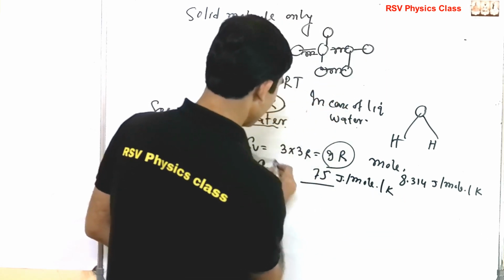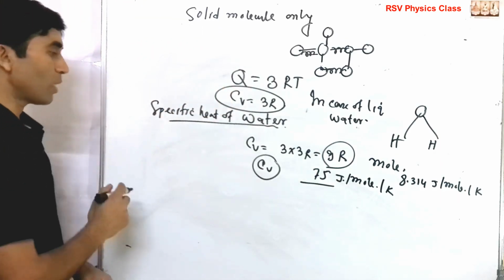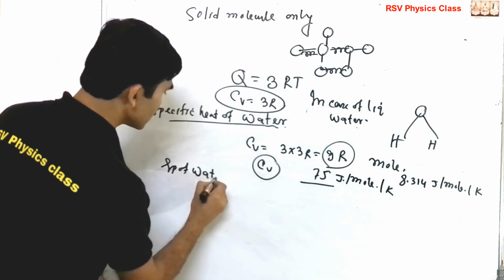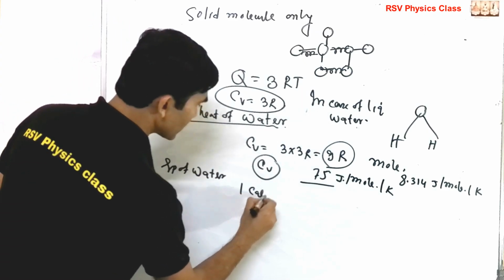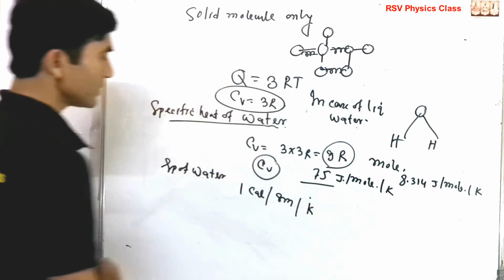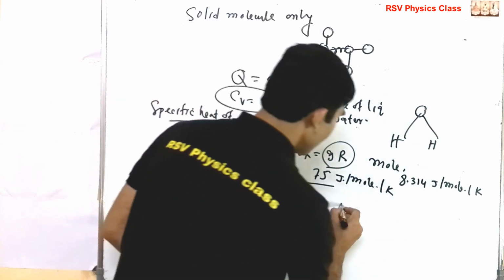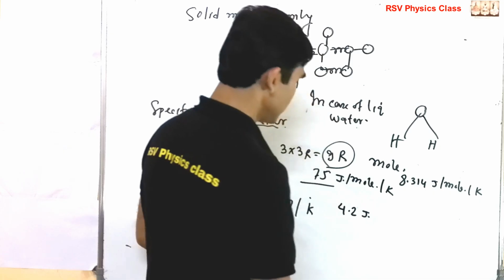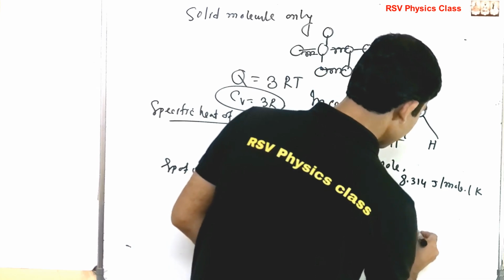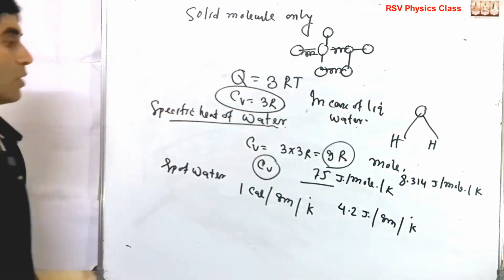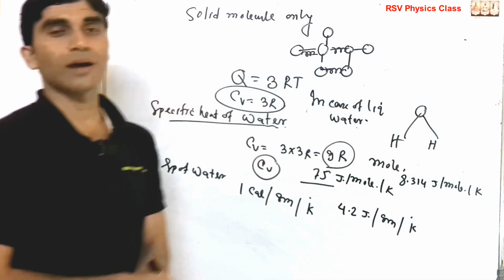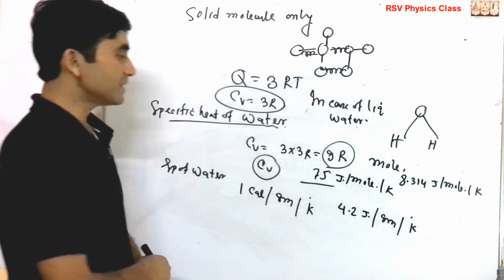This is CV. You know the specific heat of water, how much it is, 1 calorie per gram per Kelvin. Okay, 1 calorie is how much, 4.2 joule. Okay, 4.2 joule per gram per Kelvin. So 1 mole of water, how much it is weighed from chemistry, 18.